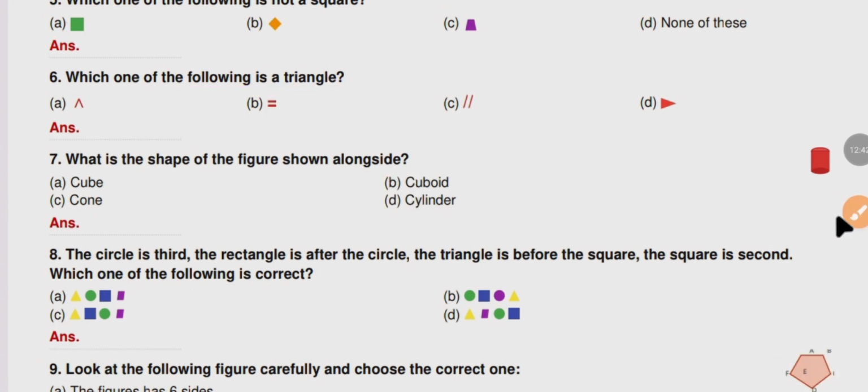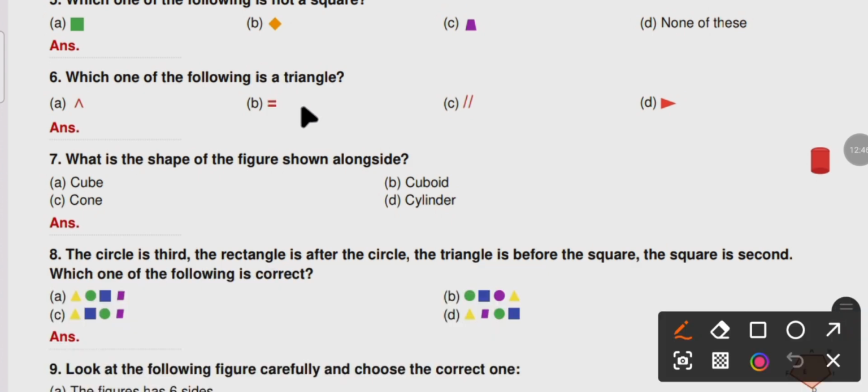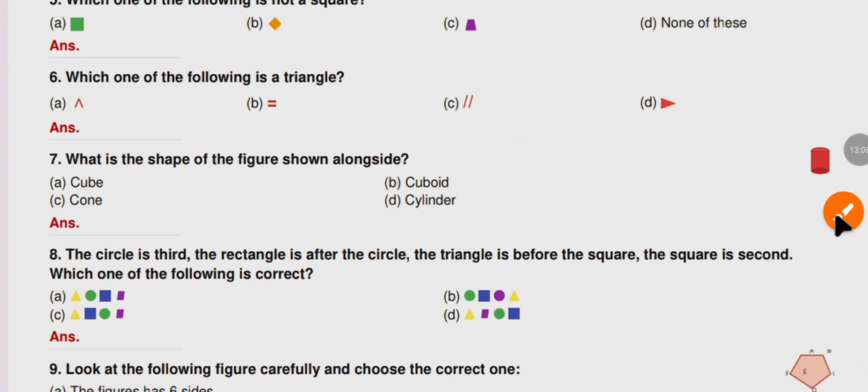So B option, here what we are looking, let me draw it properly, like in this way, very small here. Yes, here these are the parallel lines, and these are the slanted lines. Let me write again.